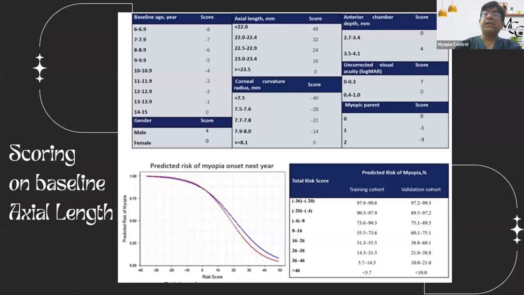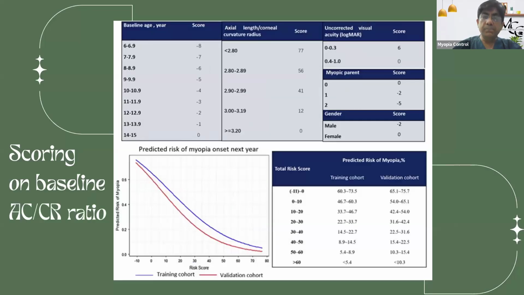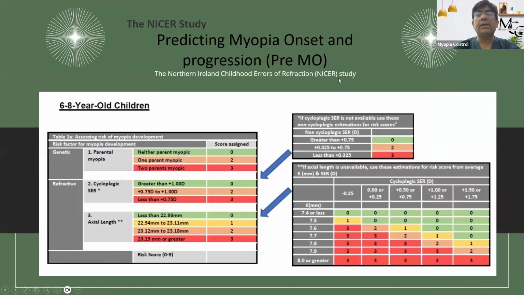Then they have gone on axial length, anterior chamber depth, and corneal curvature. Then they have gone on whether a myopic parent is there, the axial length, and they have tried to correlate that. From all that, they have built this up. So my suggestion is that you can take a print or a screenshot of this, and then gradually you can start building up what patients you have and what their scoring was.